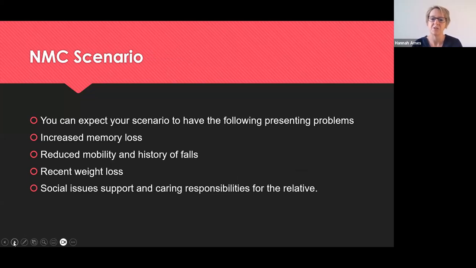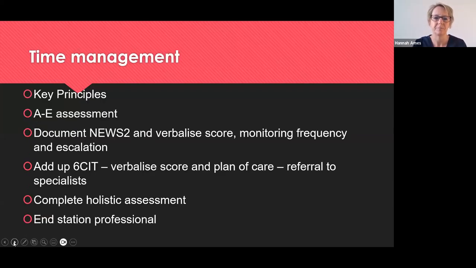So there might be some nutritional issues there. And also you want to make sure and pick up on any social issues at home. So are there things at home that are causing difficulty, especially with mobility, so lots of stairs, who's caring for the person, or what's the relationship and responsibilities of the relatives as well, and picking up on those and offering support. So those are kind of the key things you could expect.